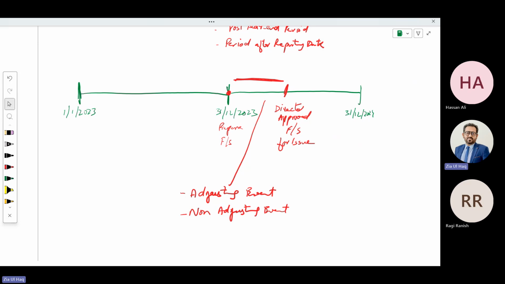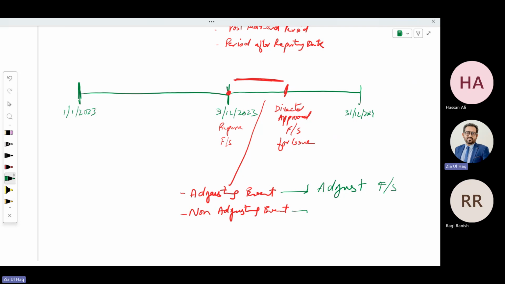So in this period, post year end period, director need to identify adjusting events and non-adjusting events. For adjusting events, they need to adjust the financial statement. Mean they need to add or subtract any figure in the financial statement. They need to change any account balance in the financial statement. Either they need to create any account balance, add any account balance, or subtract any account balance.